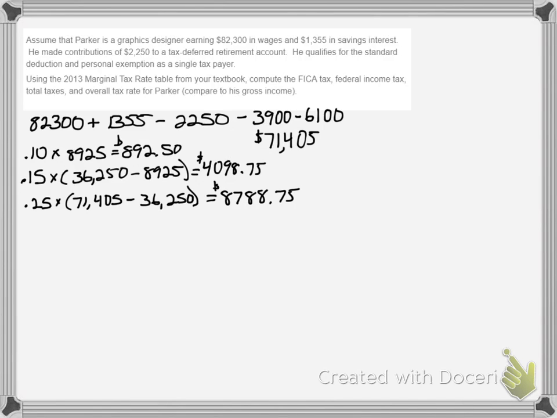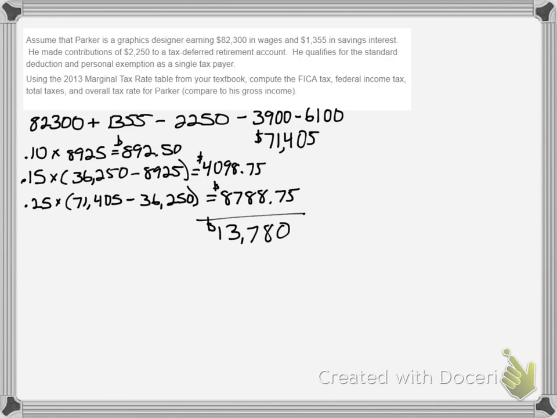If we add these three numbers together, 8,788.75 plus 4,098.75 plus 892.5, we get a total of $13,780. This is his total federal income tax.